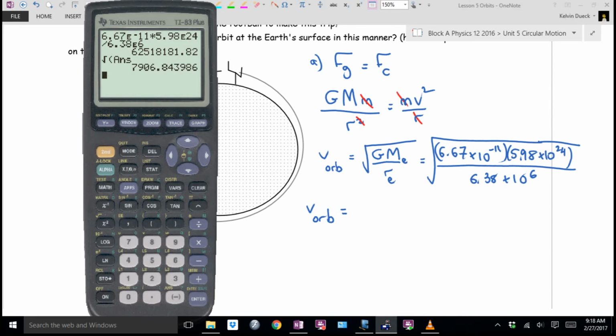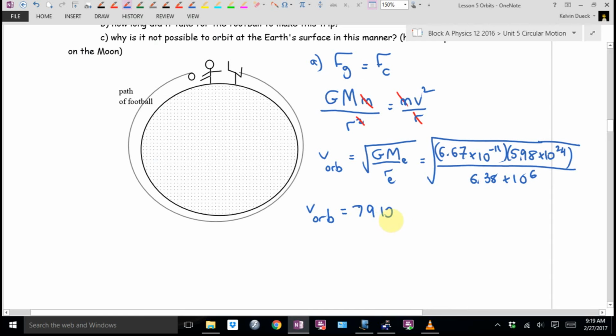Almost 8 kilometers per second. You get 7,900, I guess we round off to 10. 7,910 meters per second.